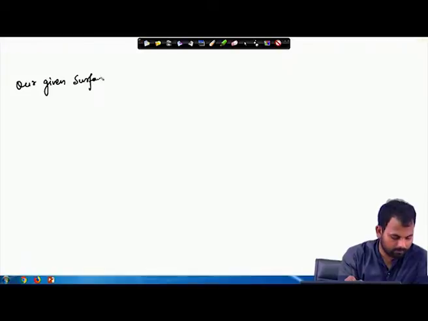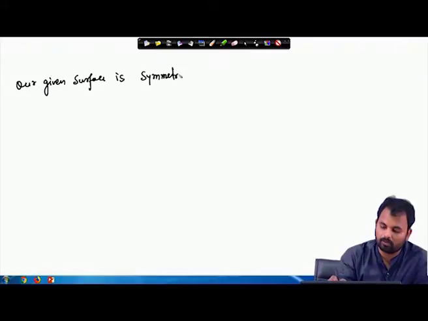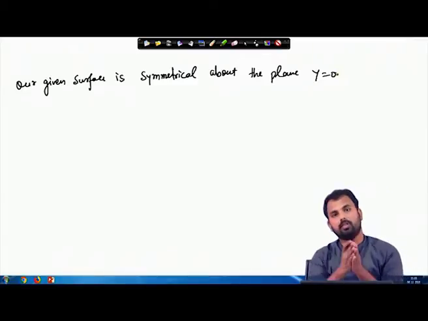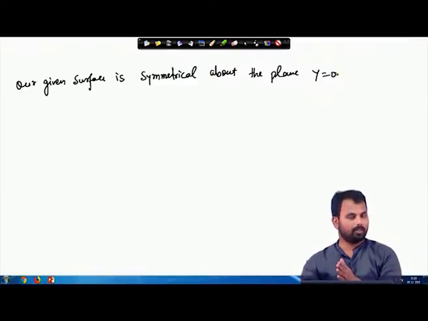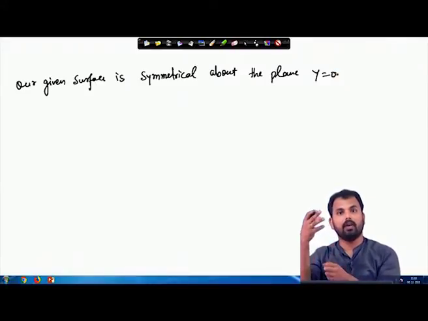Now we see that our given surface is symmetrical about the plane y equals 0. It is symmetrical because we have x square plus y square equals a square, so whatever value we put for x, we always get the same magnitude for y.